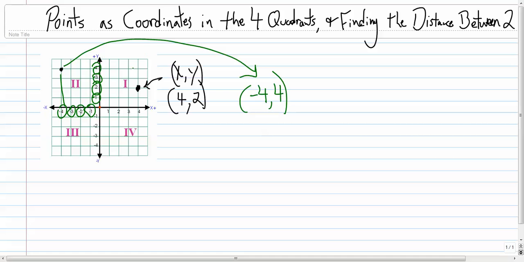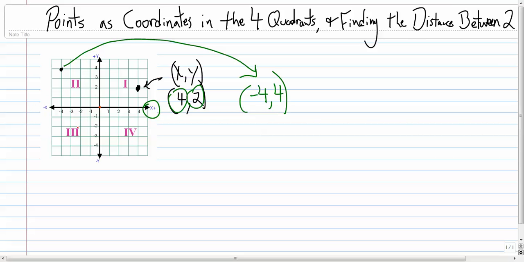It looks kind of obvious, but how this works is in the first quarter up here, that's called the first quadrant, x and y are both positive, because with x we go toward the right and with y we go up. And in the second quadrant, x is negative and y is still positive. X is negative because we're going left, and y is still positive because we're going up.